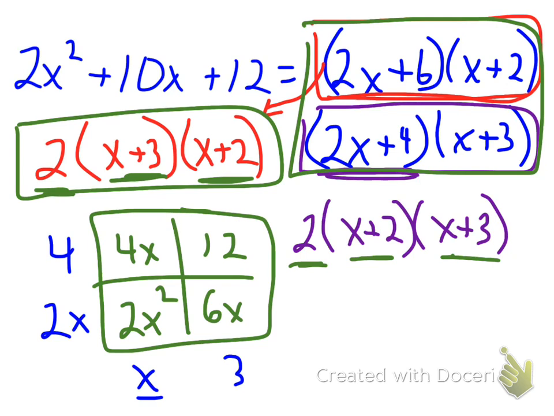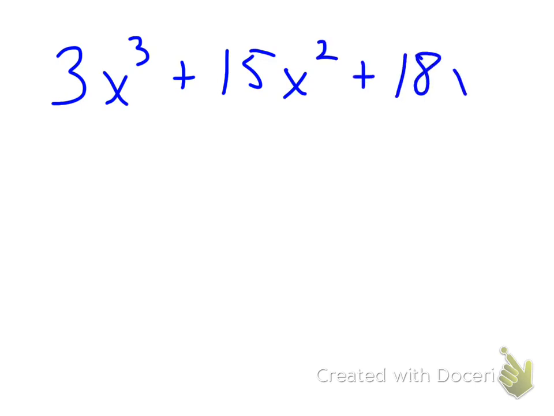A second problem that could happen with this, if I had a trinomial that looked like this, I can't even factor that right now. I can't make my generic rectangle because I have an x cubed, and we have never worked with something like that before.